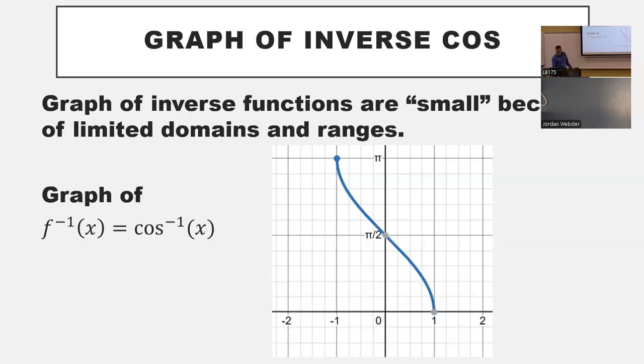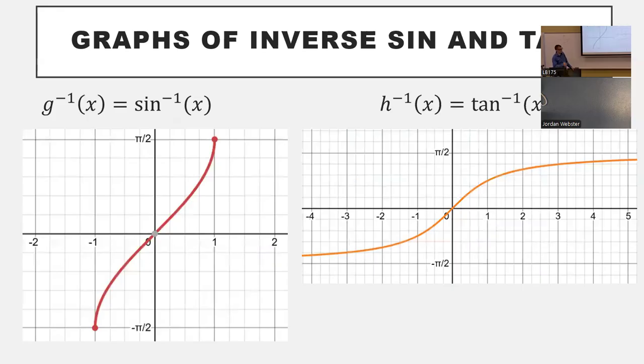The same thing would be true for sine inverse and tangent inverse. We're going to have to limit sine inverse. The x values are limited between -1 and 1, and the y values are limited between negative pi over 2 and positive pi over 2.